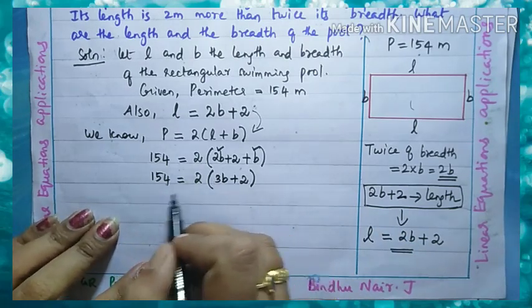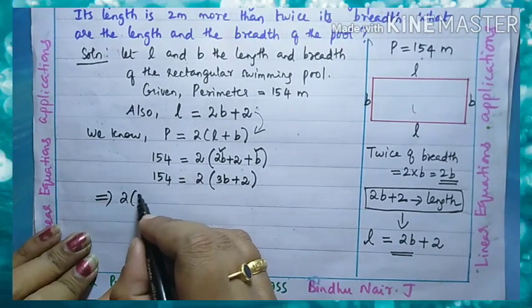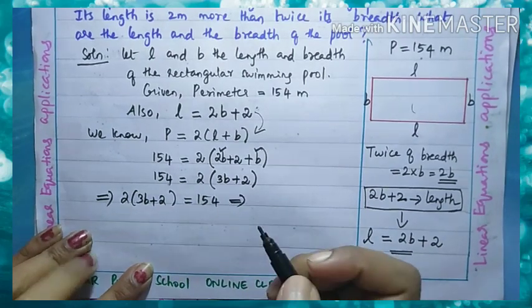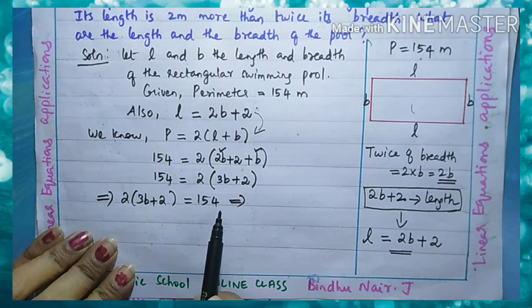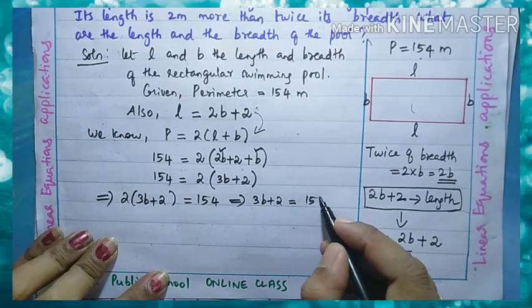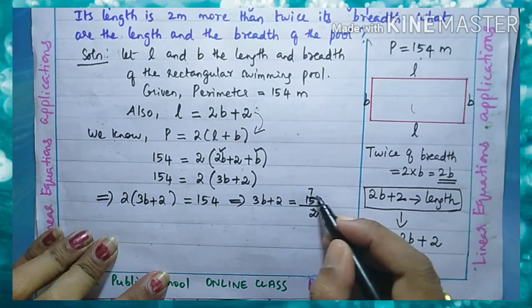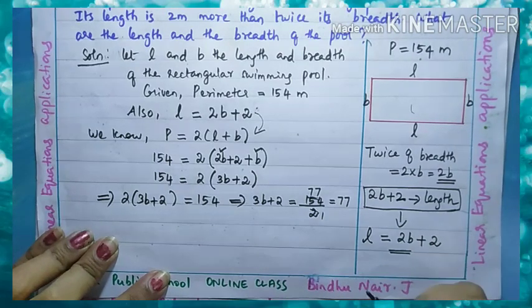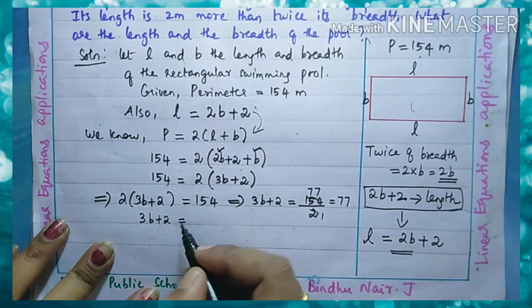Shall we interchange the sides as we usually do? So 2 into (3b plus 2) equals 154. Now this 2, when I transpose it, becomes division. So 3b plus 2 equals 154 divided by 2. Reduce this: 1 2 is 2, 7 2s are 14, 7 2s are 14. So that is 77. Thus we got 3b plus 2 equals 77.